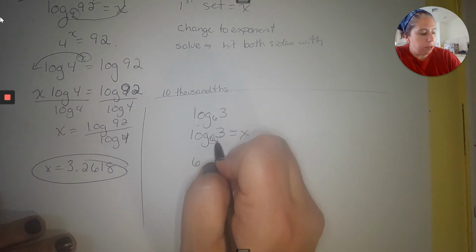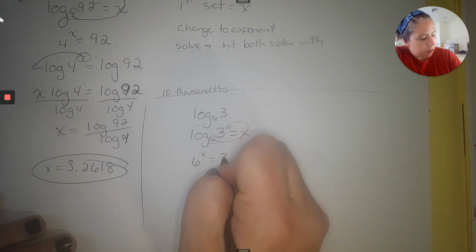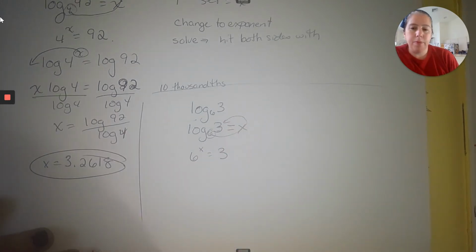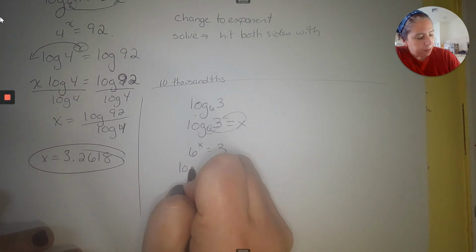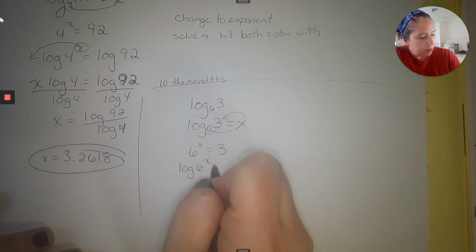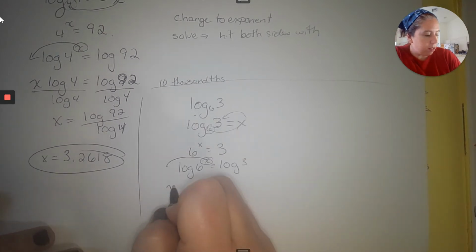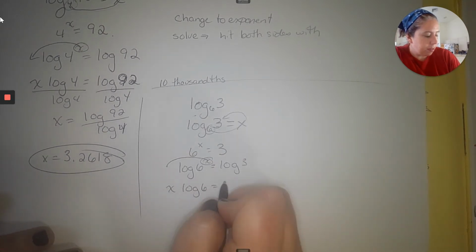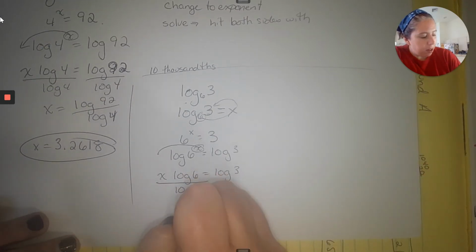So start with the base, down, around, and up. Hit both sides with the log. Drop that down to the front. Divide both sides.